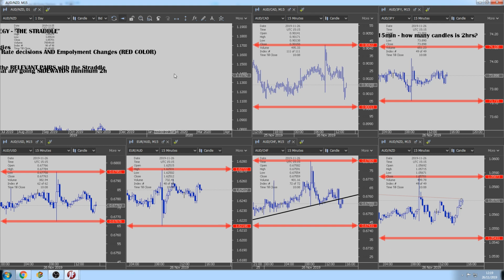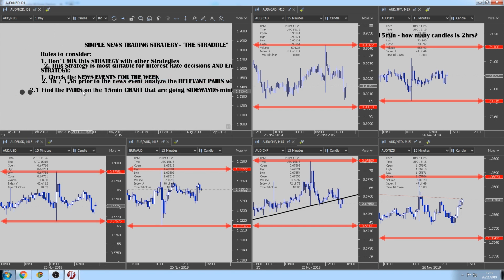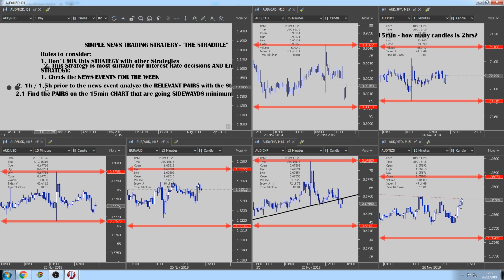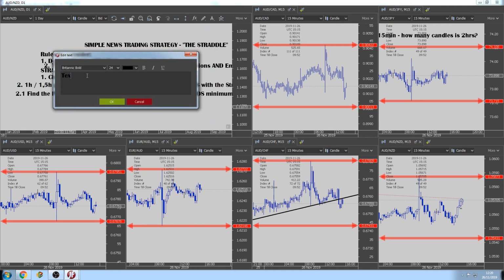Okay, so we are going to, in the meantime, I have a 20-second delay on the chat. We are going to write down here. So 2.1, find the pairs on the 15-minute chart that are going sideways, right? Now 2.2, find the ones that are in the center of the range and are not moving, right?